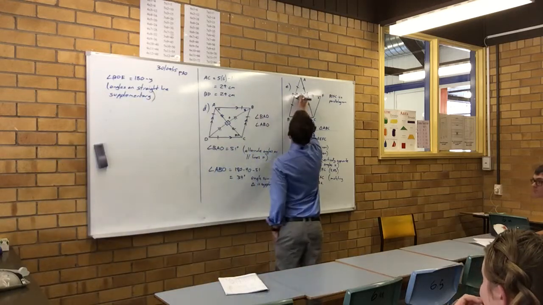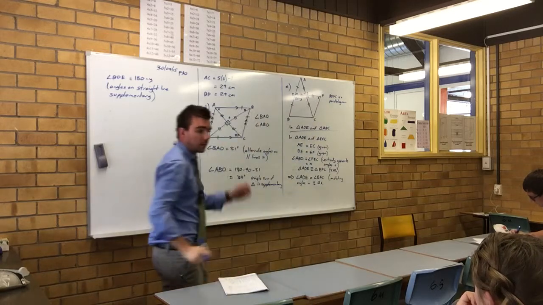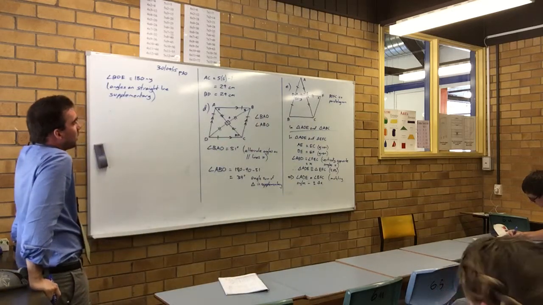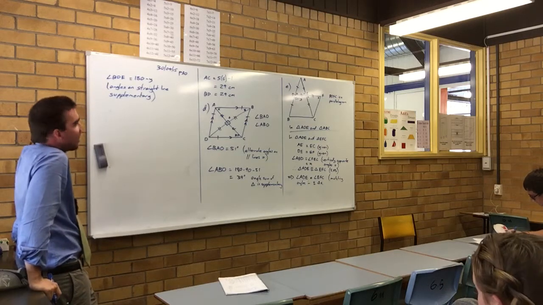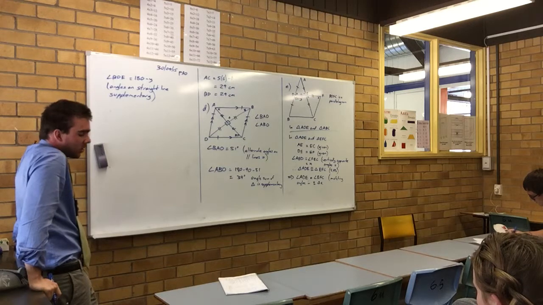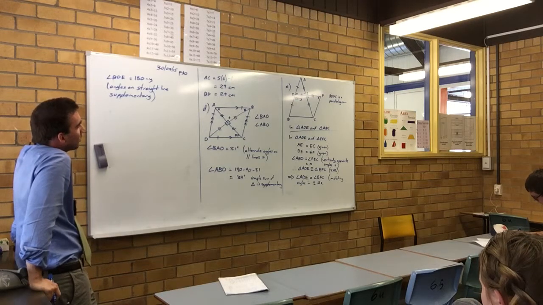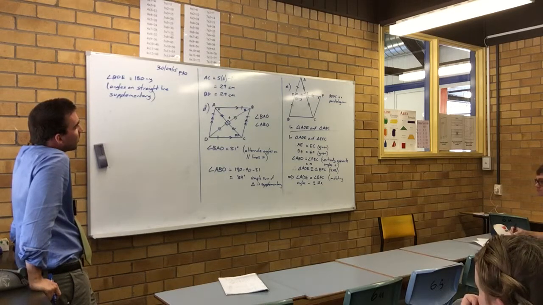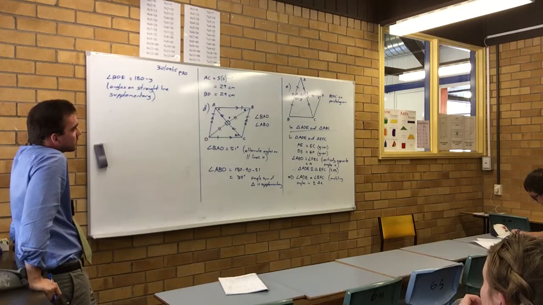Okay, and the whole reason of having diagrams is so you can include all that information on there. So what can you tell me now with the information on the diagram relating to what we're trying to get overall? Angle FCB equals... FCB and FQB are supplementary.